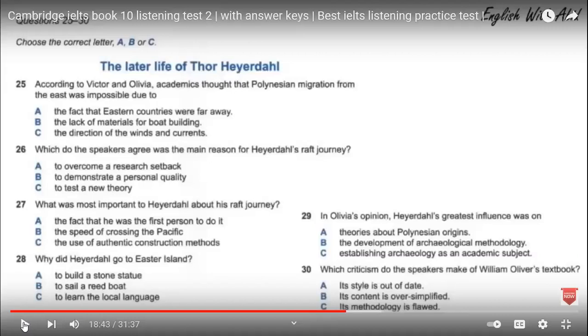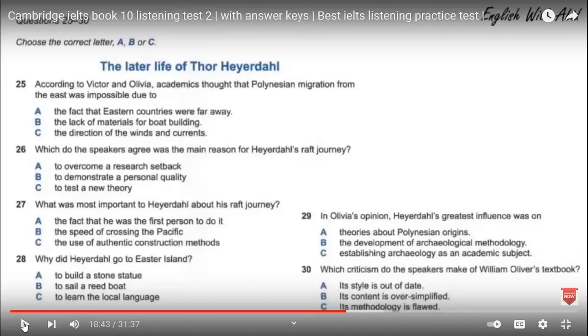Okay, already you have got the information for 28 and 29. First, tell me what is right for 28. So it's A, to build a stone statue. Michelle. Statues.